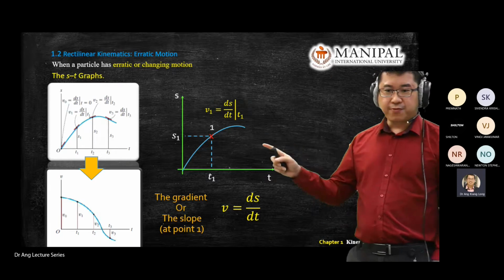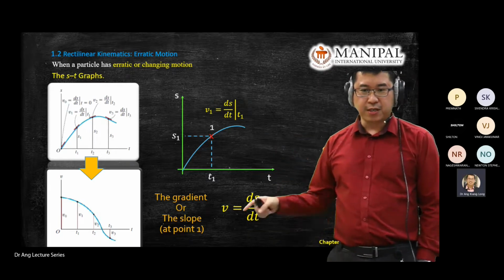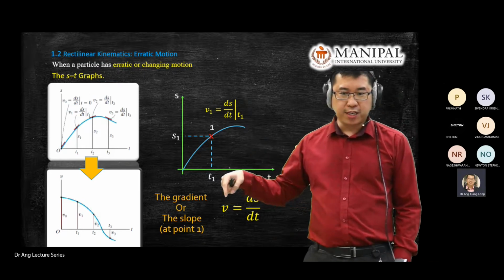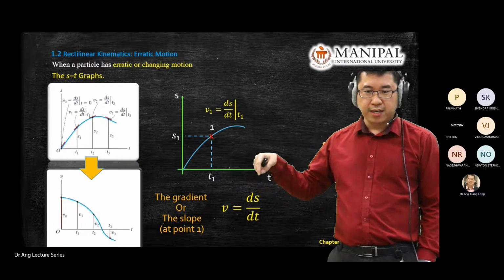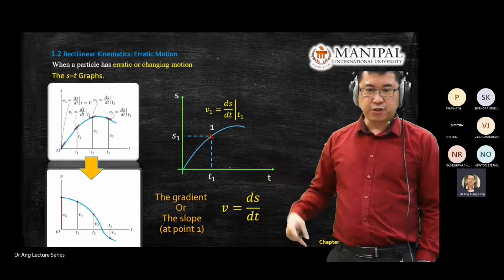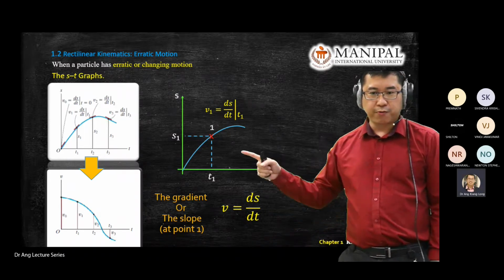You start with the S versus T graph. You use the differentiation equation because of the definition of velocity. Velocity is S divided by T, and this equation actually is a differentiation. And differentiation gives you, from the graph, the slope.